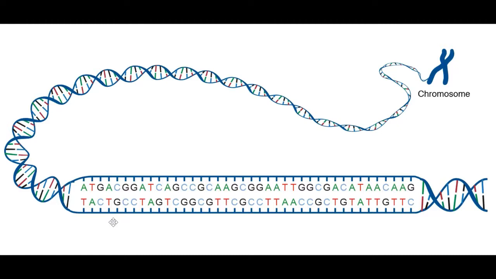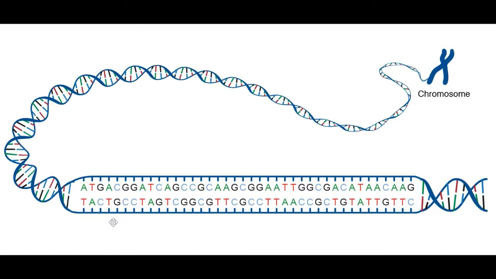If there are mistakes in the DNA sequence, then some of the amino acids may be incorporated incorrectly into the protein, and that can change or indeed completely abolish the activity of those enzymes, with huge consequences for the viability of the cell. So the accuracy of the DNA sequence is incredibly important.